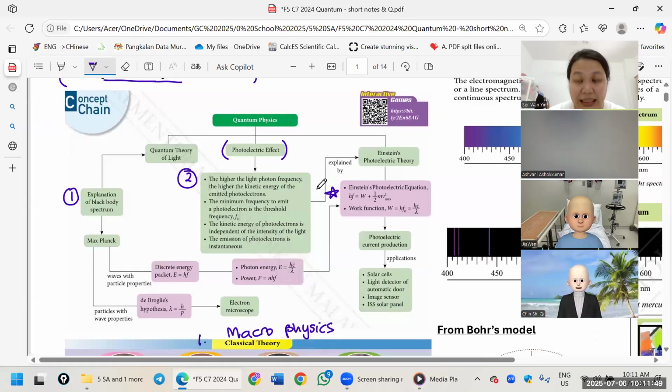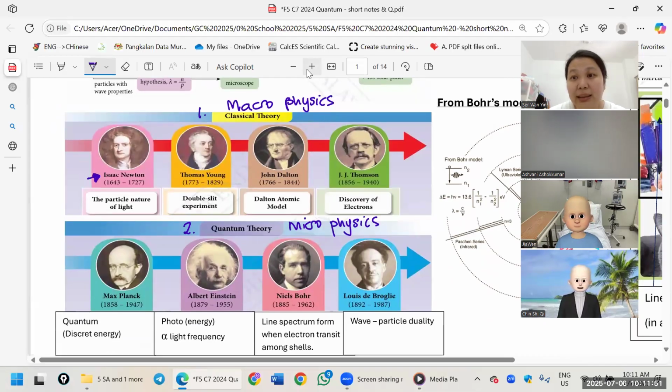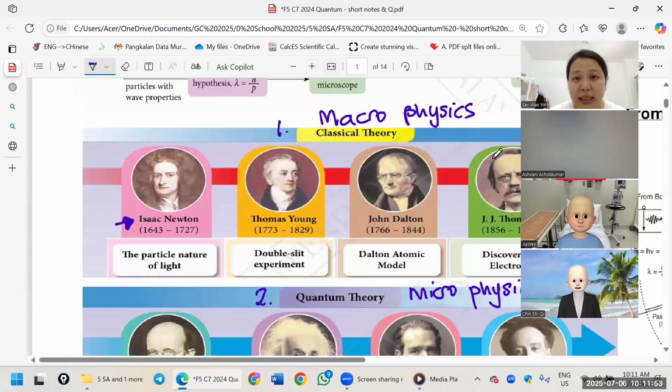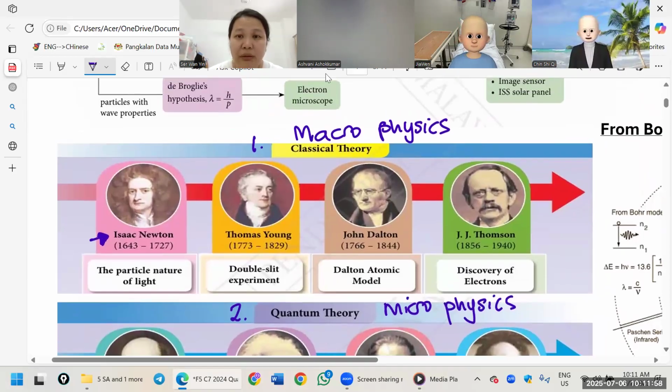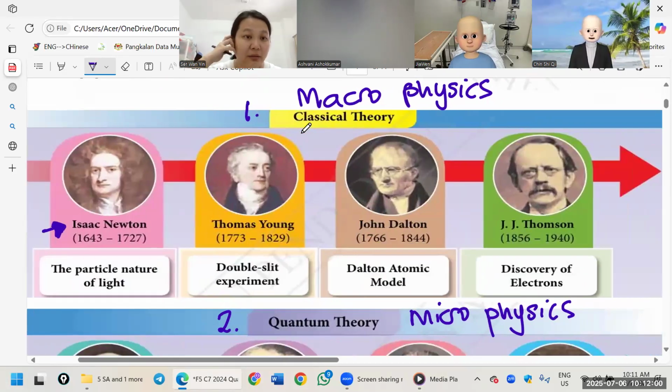So about light. Let's see what their discovery or assumption about light is from classical theory.